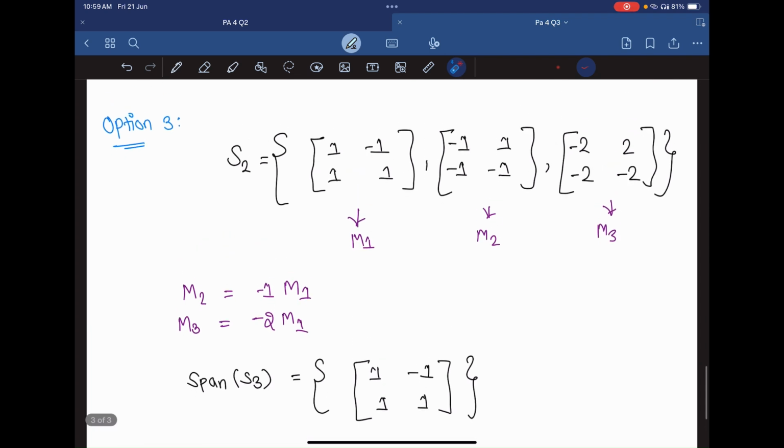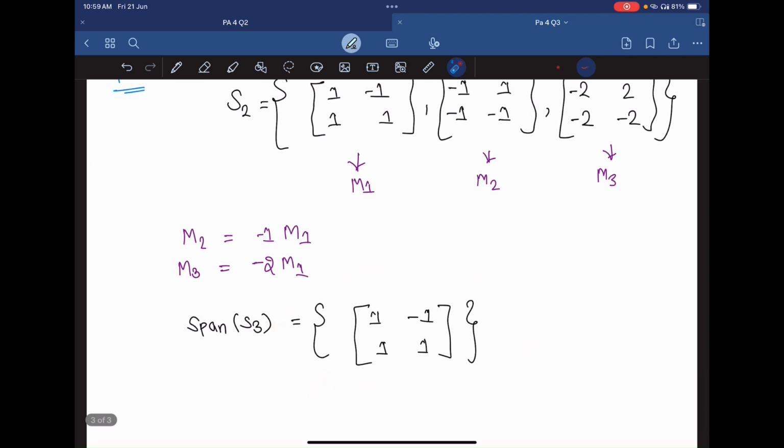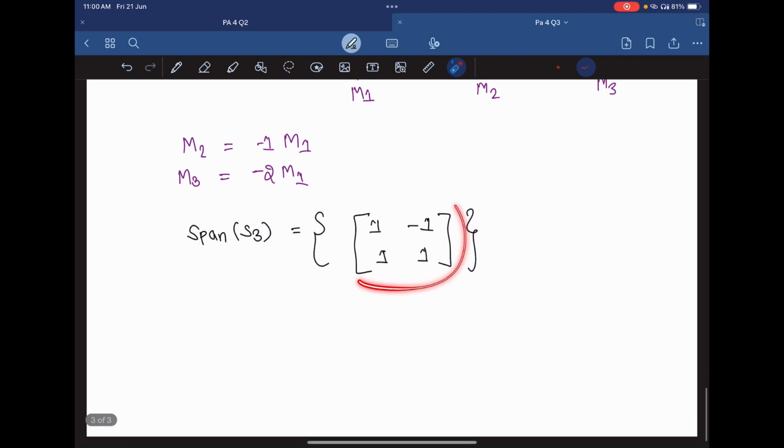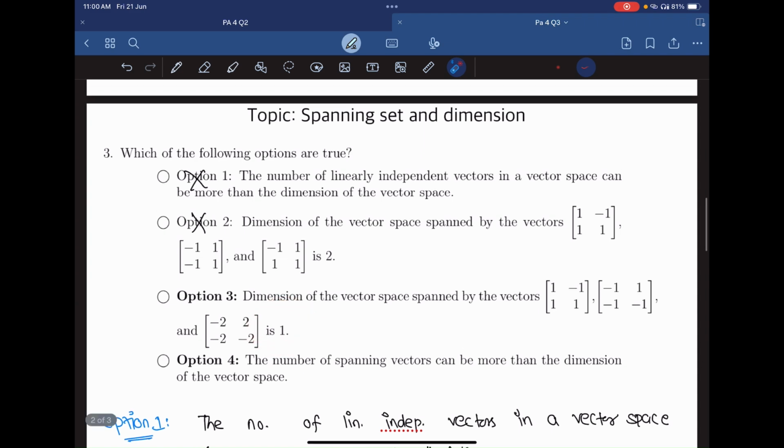We could have chosen this matrix also or this matrix also. It doesn't matter. The spanning set formed by one of these matrices would be the same. As there's only one vector in this set, the dimension of that spanning set of S3 would be 1. And option 3 also says it is 1. So option 3 is correct.